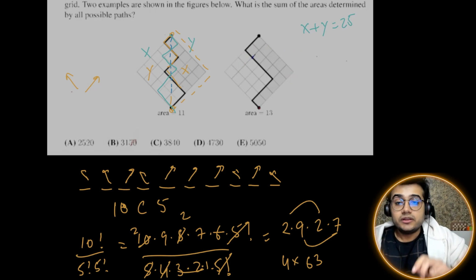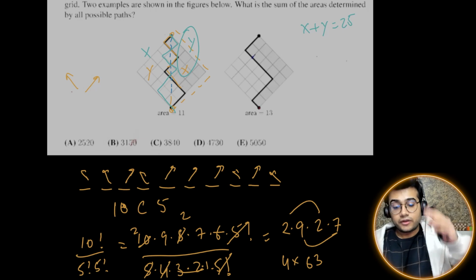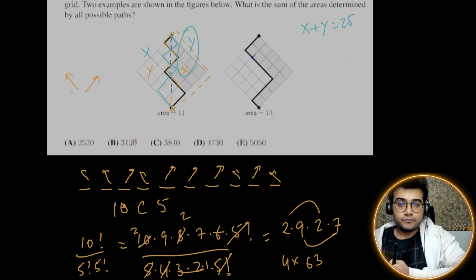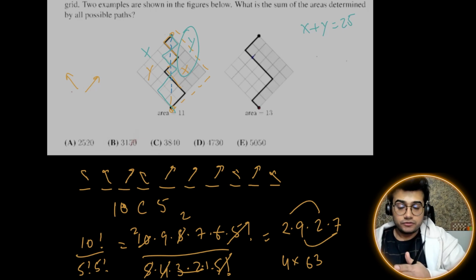So we know that exactly half of them will be shaded, because every pathway has a symmetric pathway. Both pathways add up to 50, and exactly half is shaded, half is white.